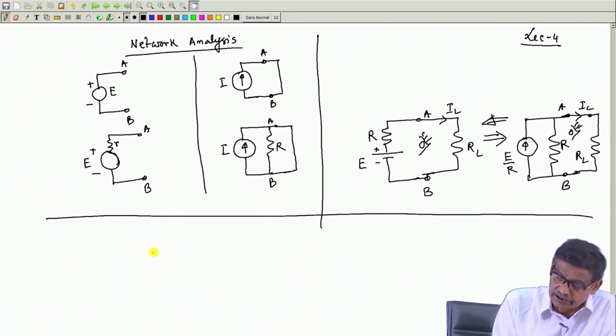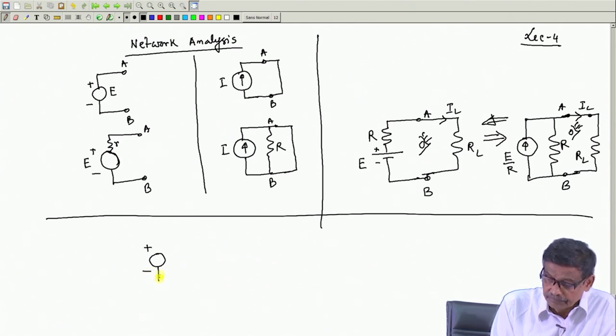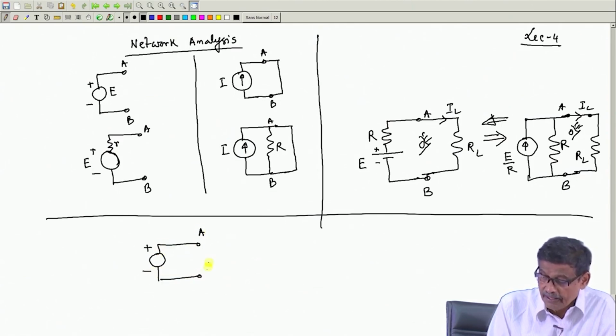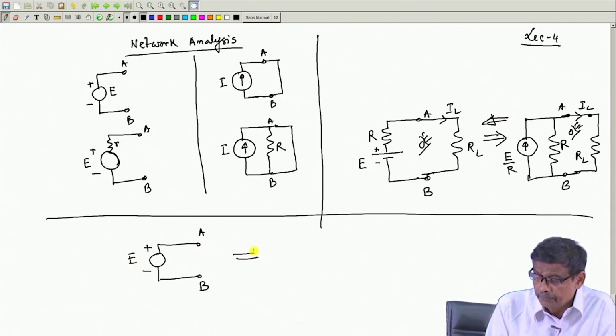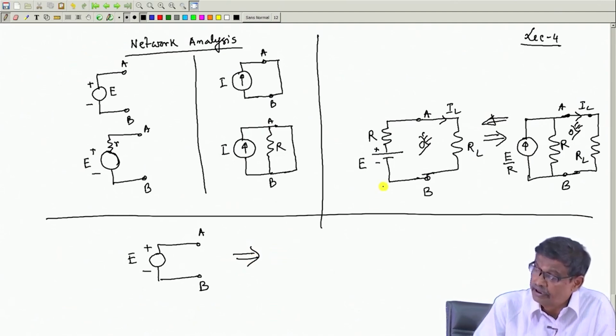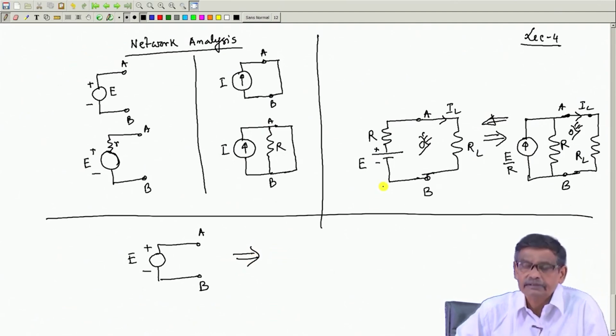But after learning this, the awkward situation will be this: you have an ideal voltage source E, no internal resistance, with terminals A B. Can I draw an equivalent current source circuit for this?